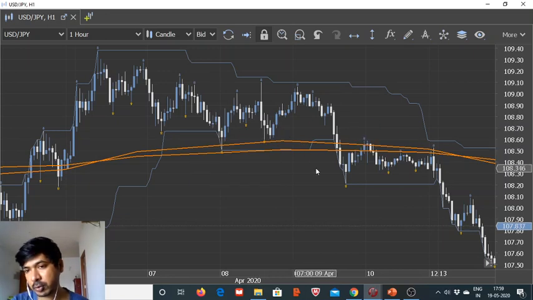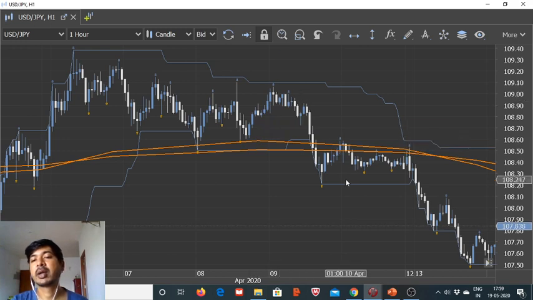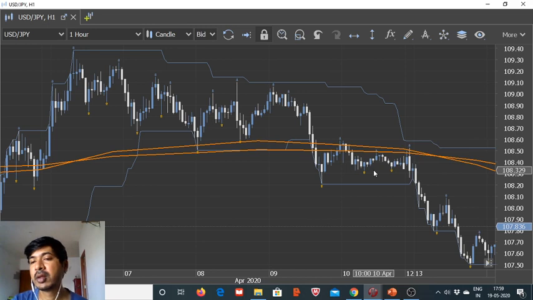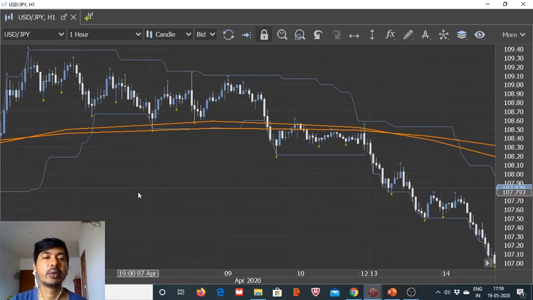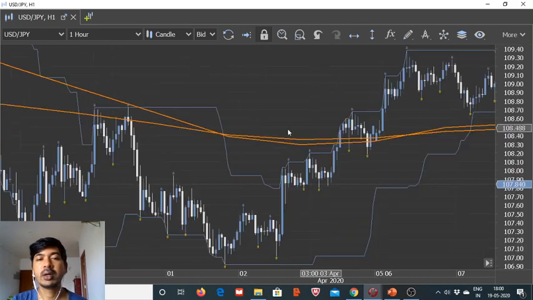And then the next opportunity will arise after the next round of correction, when the price again drops and then it enters into a consolidation phase around 10th of April. So we will see during the testing how our algorithm is going to work.